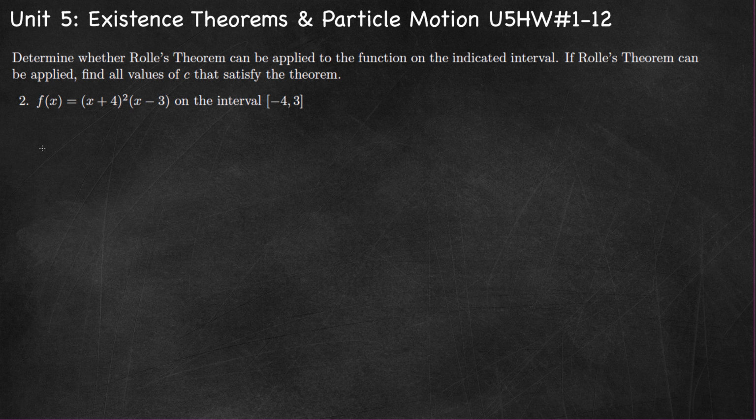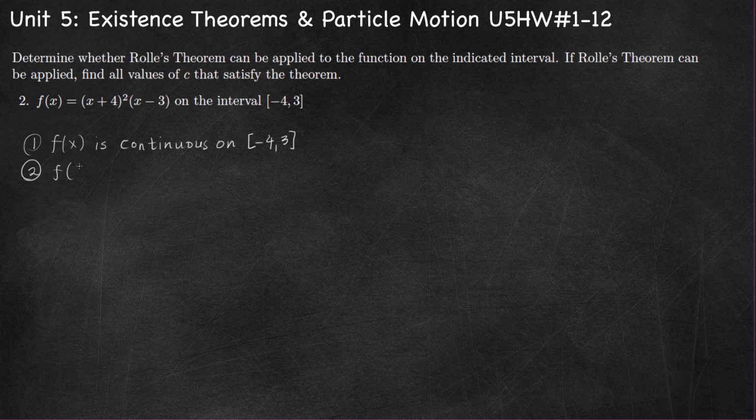Number 2, f of x equals x plus 4 squared times x minus 3. Now we're working on the interval from negative 4 to 3. So does Rolle's theorem apply? First of all, is f continuous on the closed interval? Yes. So I'm going to say f of x is continuous on that closed interval from negative 4 to 3.